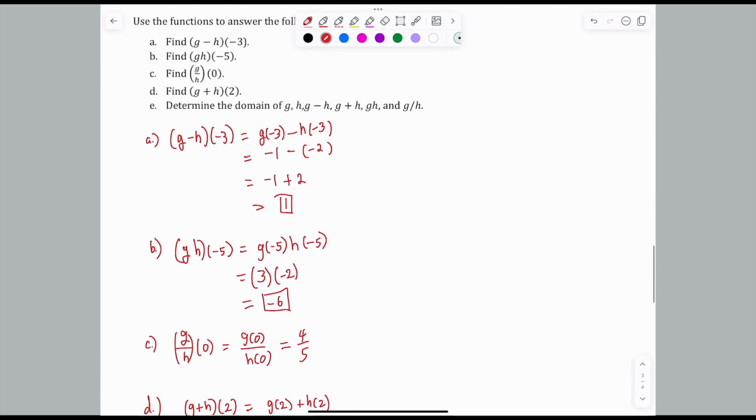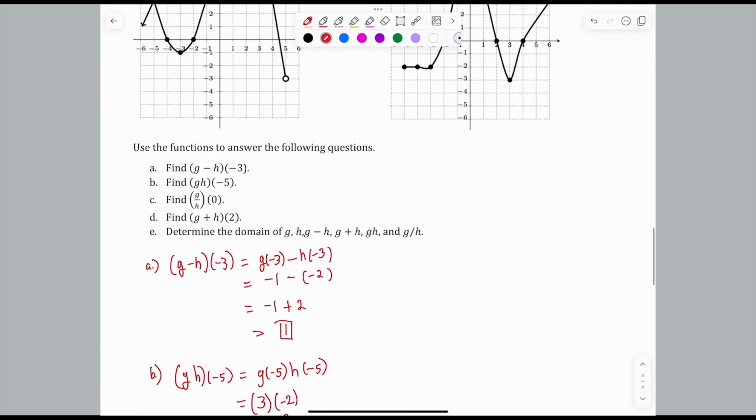All right, the next part of the question asks us to determine the domain of g, h, g minus h, g plus h, g times h, and g over h.